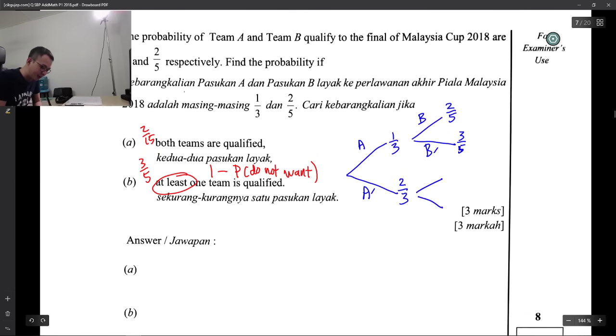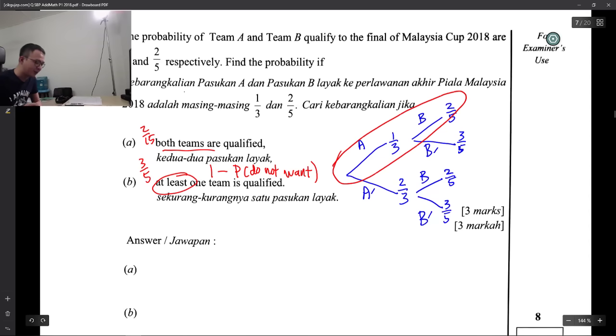So this one is the same. Team B qualified, team B not qualified, 2/5 and 3/5. Alright, so from here, if they want both teams qualified, I will find team A qualified and team B qualified, right? So therefore, I will use 1/3 multiply with 2/5.